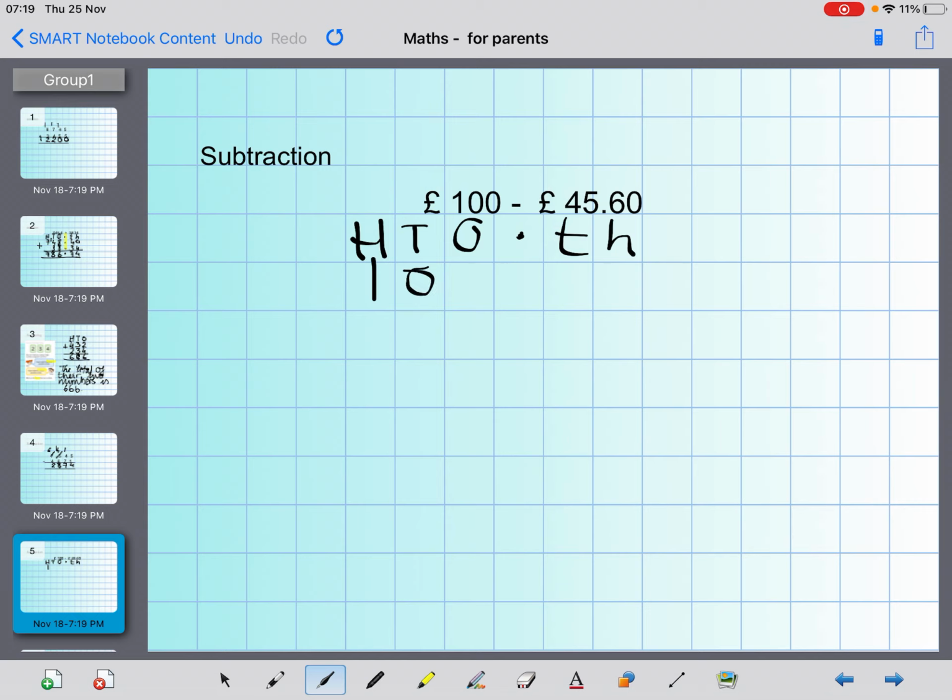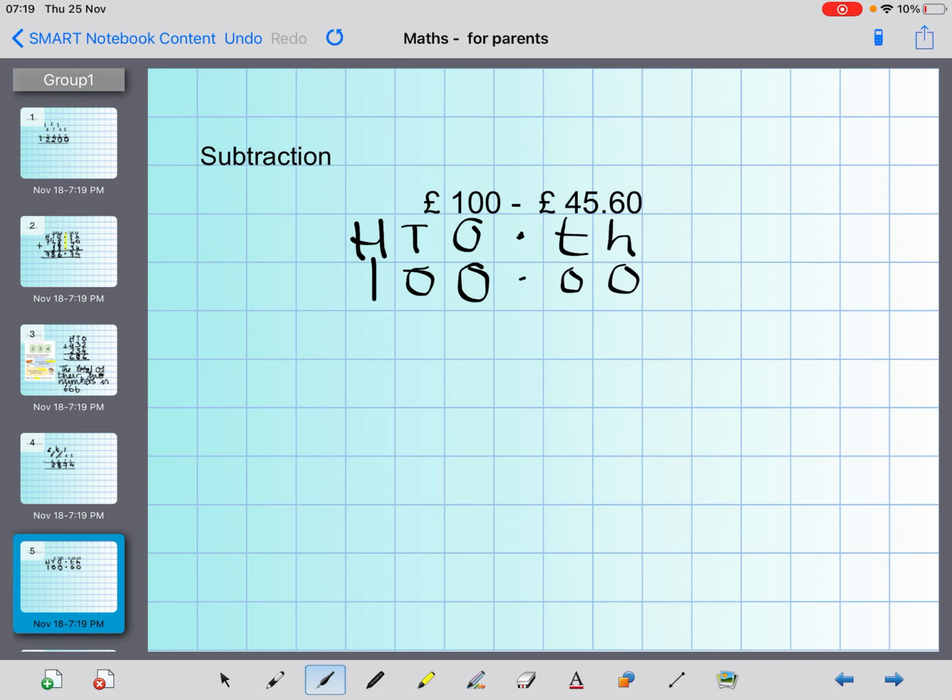It's got 0 tens and it's got 0 ones. After that, we can fill in the rest after the decimal point with placeholders. If we put in our decimal point, we can put our placeholders. This will help with understanding that the digits have a different value. And it will help us when we come to take away that 60p.